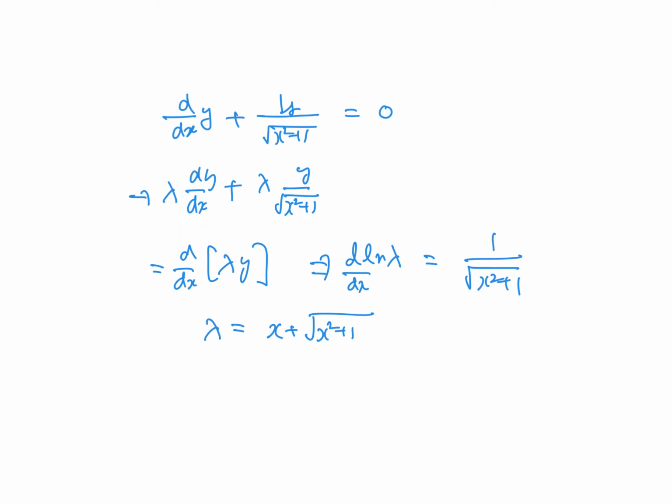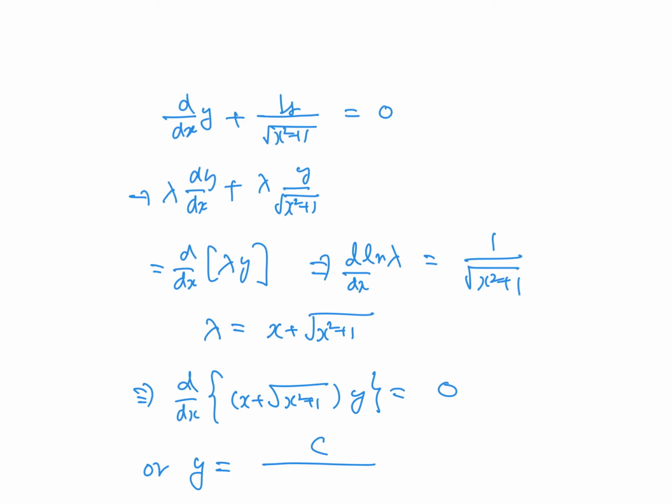So our solution is the following. d/dx of x plus square root of x squared plus 1 times y is 0, or y is some constant divided by this, right?